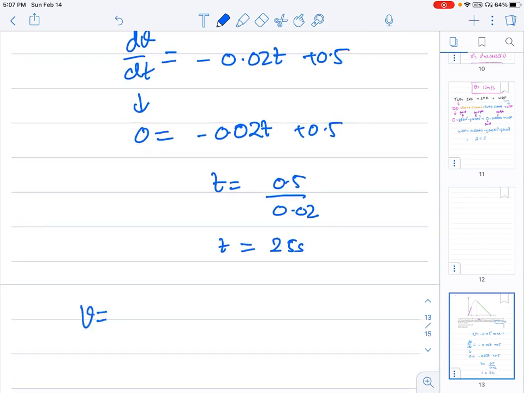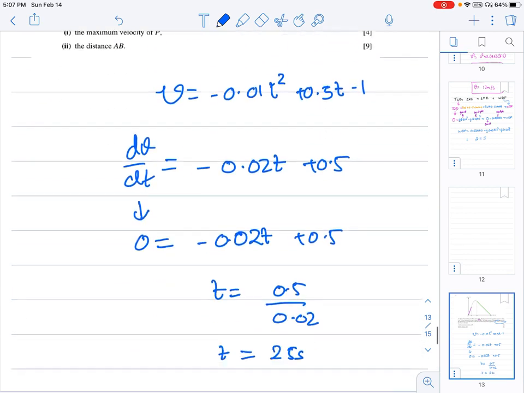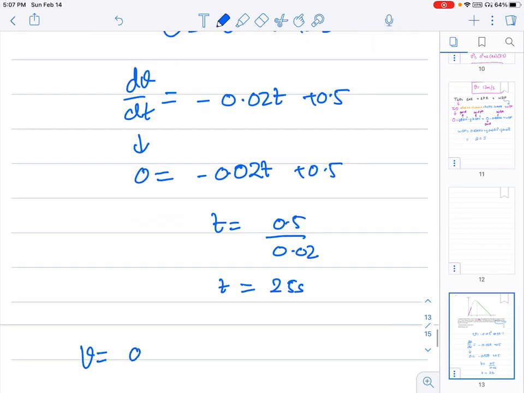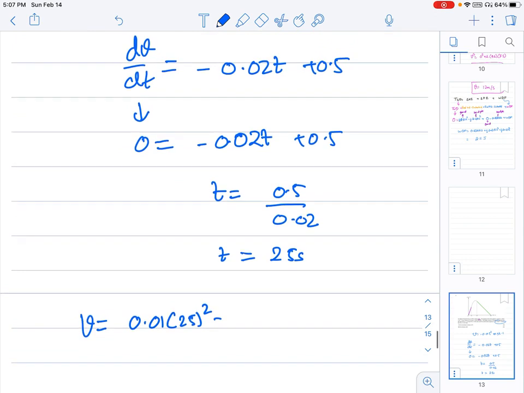So therefore I go back and plug in: minus 0.01 times 25 square, plus 0.5 times 25, minus 1. Let me take the calculator.